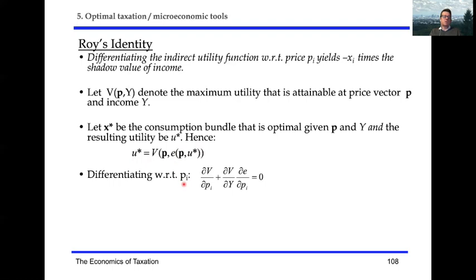And then we get two effects when taking this differential. The first is that pi is an element of this vector p, so by changing it, we get an effect on the indirect utility v. That's this first term. And then I have a second effect that works through the effect on the expenditure function.